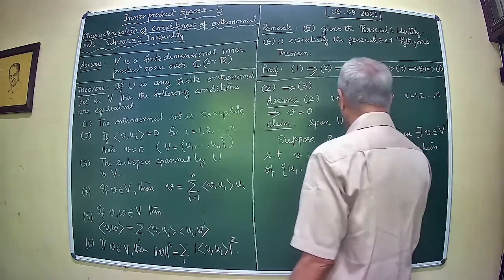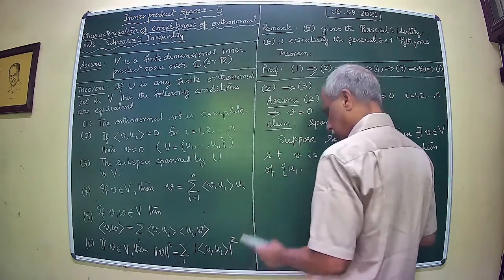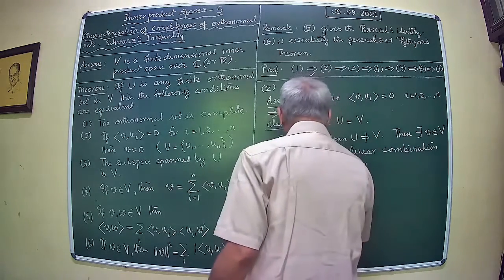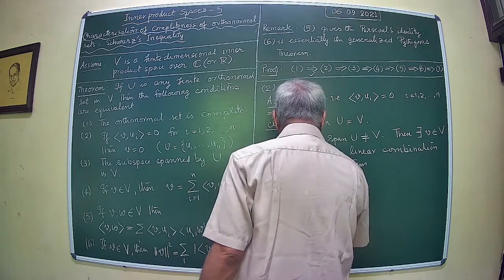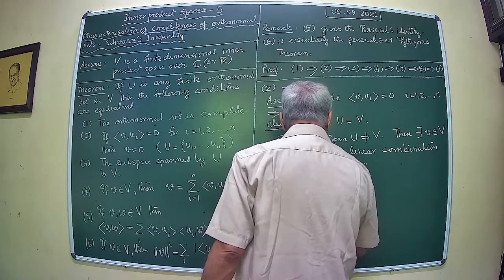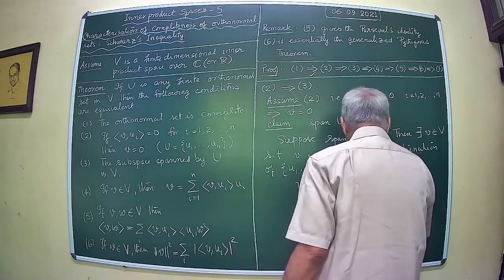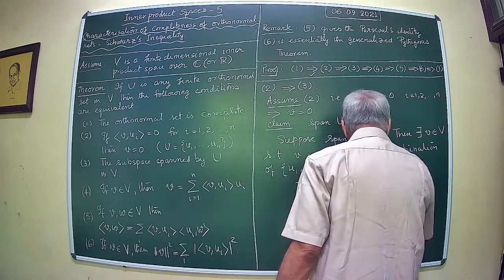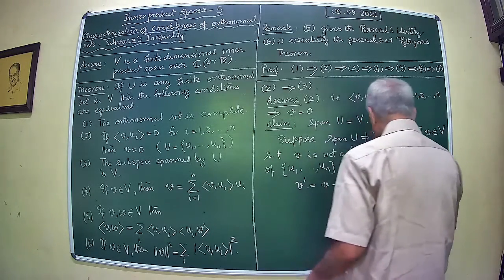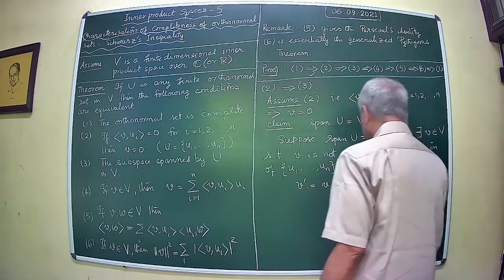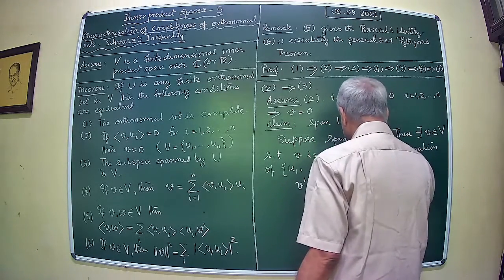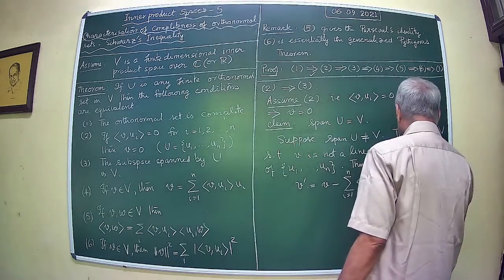Then what we have is this. If we define V prime to be V minus the sum of the inner products <V, Ui> Ui, then this is not equal to 0.